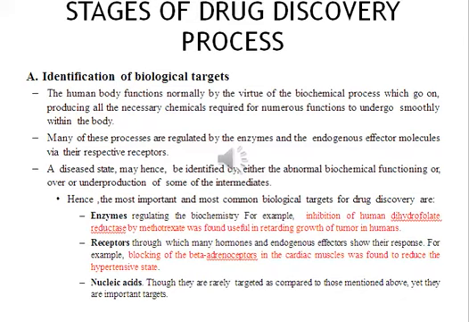A disease state is identified either by abnormal biochemical functioning or over or underproduction of some of the intermediates, right? So a disease state occurs if a physiological process gets imbalanced, meaning a biochemical process is not functioning at all, right? Because of any factor or because of the production of some of the intermediates, right?